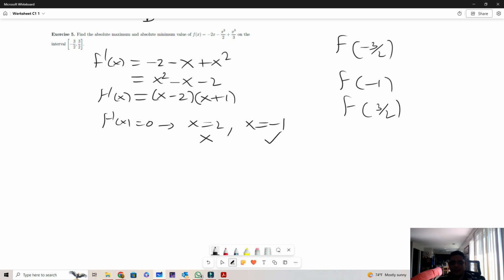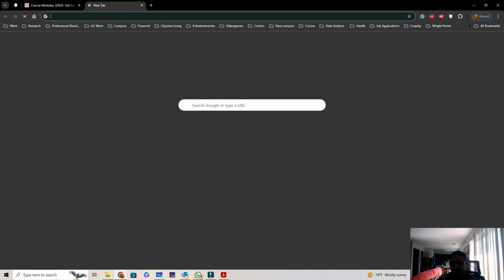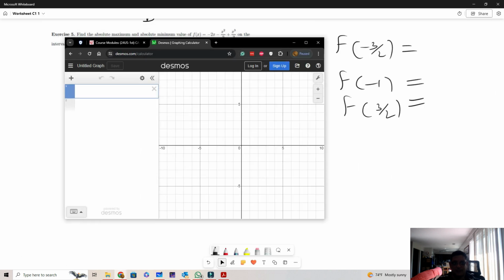Those are the three values that I need to find out. Of course, I can do this with the calculator, but probably my best bet is doing something in Desmos to find out more easily. In your test, you're likely not going to have to do this by hand, or not with such complicated numbers. So don't worry too much about it.